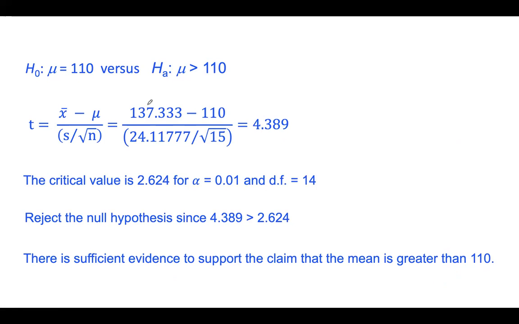Once we have our X bar minus our mu, divided by the standard deviation of the sample divided by the square root of 15, we can compute this. So we get 4.389. Now, we already know that's going to be a larger number than our critical value, but we could find this critical value, of course, in the table.